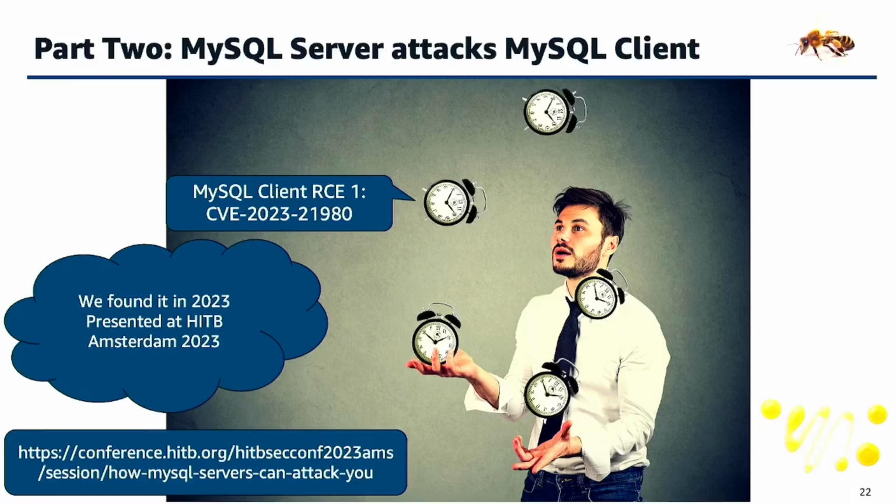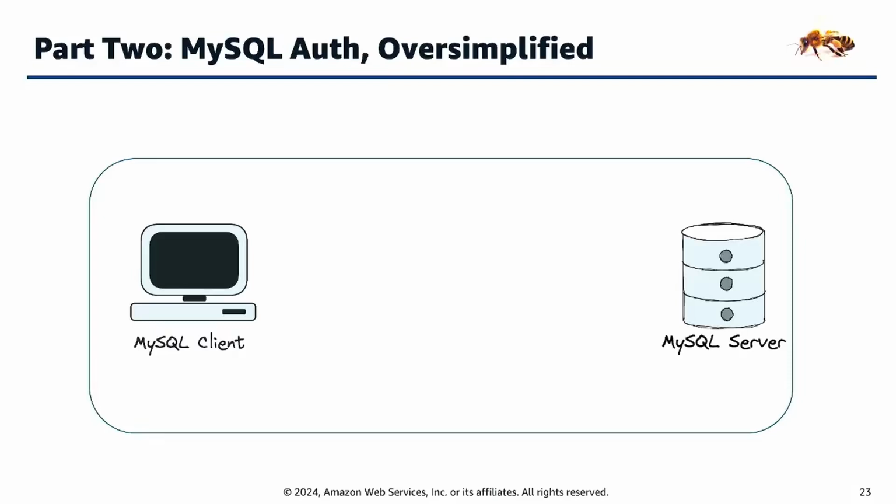The second one is even more interesting. The second one is remote code execution on the client when the client connects to a rogue server. To really understand how it works, we need to first understand the MySQL protocol.